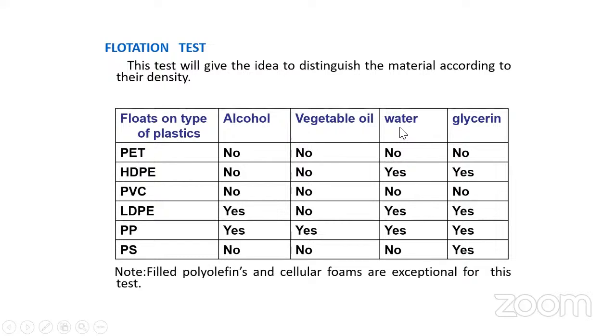By the flotation test, here we have mentioned different liquids on which you can test the polymer granules to identify the type of polymer: alcohol, vegetable oil, water, and glycerin.